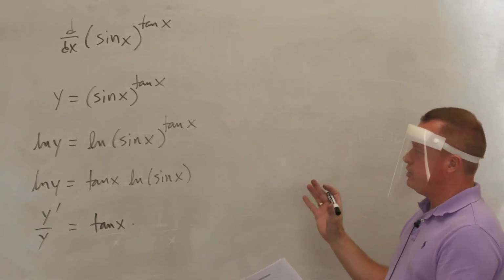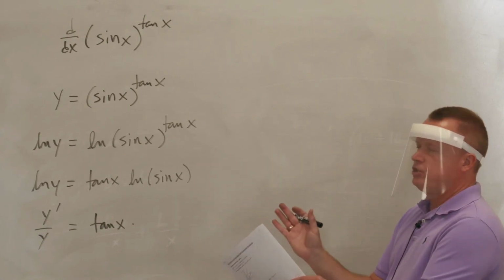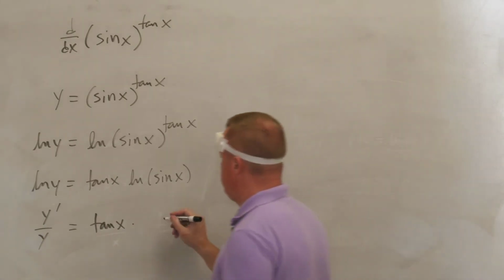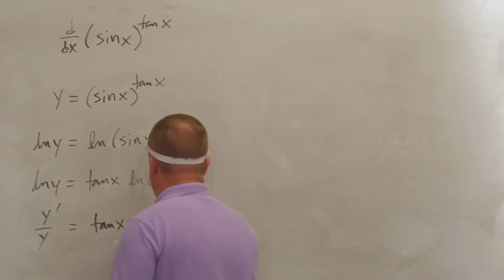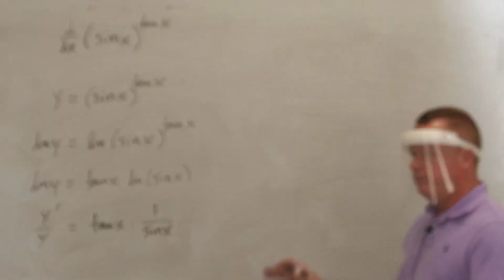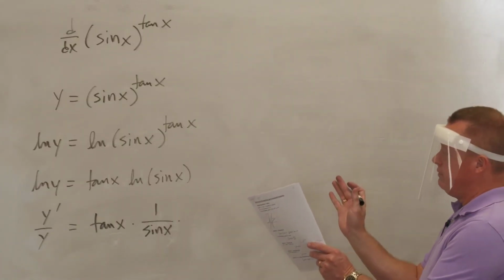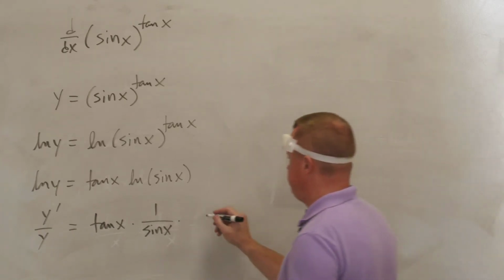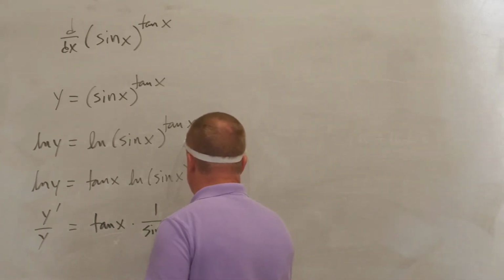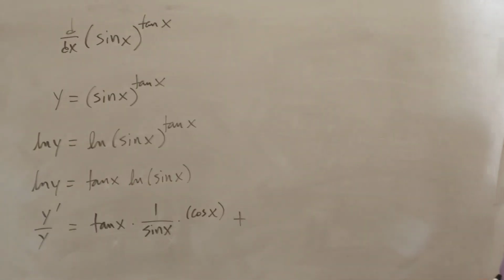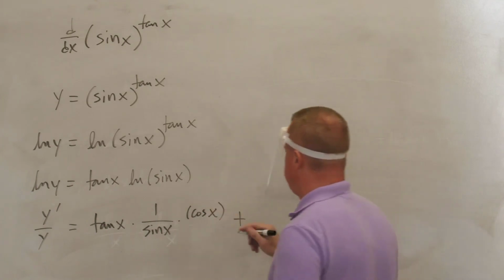The outside function is ln. The inside function is sine x. The derivative of the ln would be 1 over sine x, times the derivative of the inside function, the derivative of sine, which is cosine. Okay? So that is the first times derivative of the second, plus the second times derivative of the first.